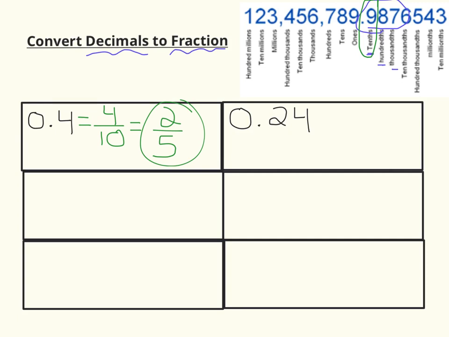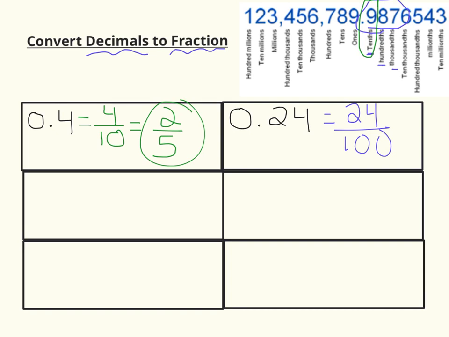Alright, the next one, however, is 2 decimal places. So if you look up here, 2 decimal places, that second decimal place is 100ths. So you would say this number as 24 hundredths. So to write it as a fraction, we have to write it as 24 over 100. But we always have to simplify. It starts out nice and easy.